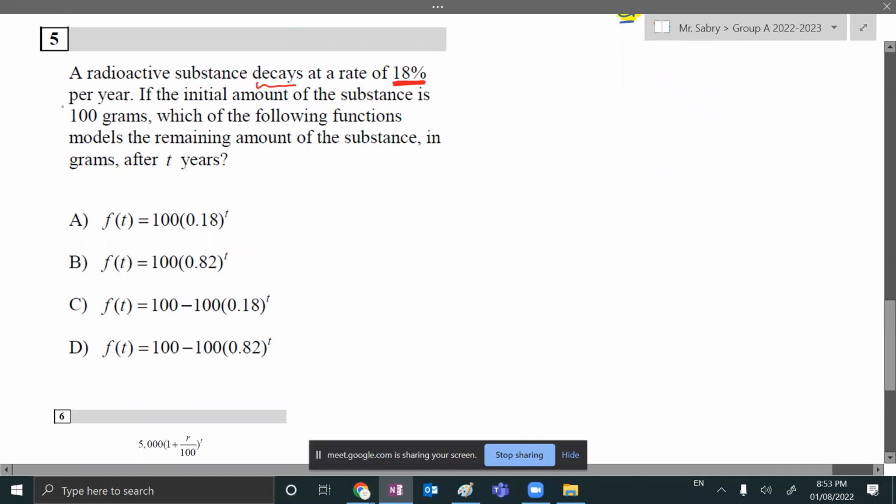The initial amount is 100, so I know that A is equal to 100. And because they decay at a rate of 18, what we discussed last time is that B must then be equal to 1 minus 18 over 100. We said in order to remove the percentage sign, we divided by 100, and then we put 1 minus whatever it is, the amount that we're decaying.